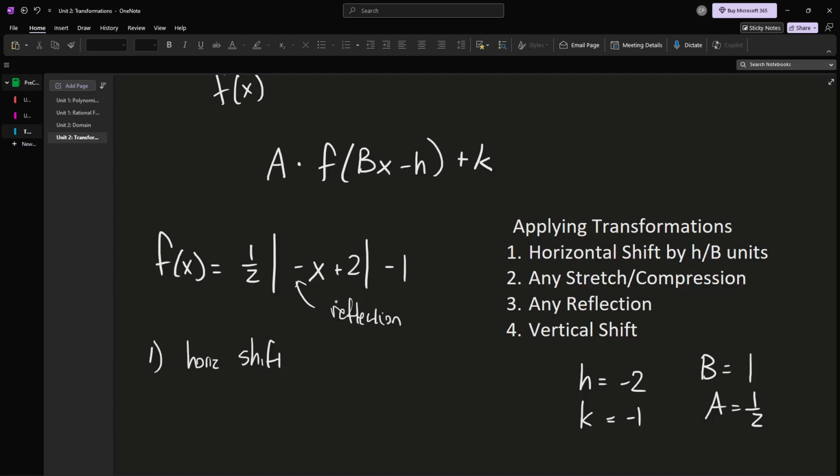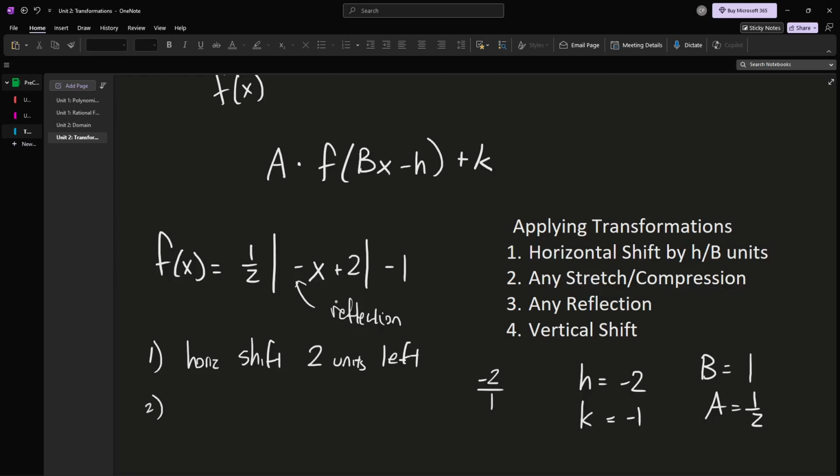And we'll touch on a reflection as we get to step 3. But for horizontal shifts, h divided by b units: -2 divided by 1 units. If it's a negative in my horizontal, then it must be going 2 units left.